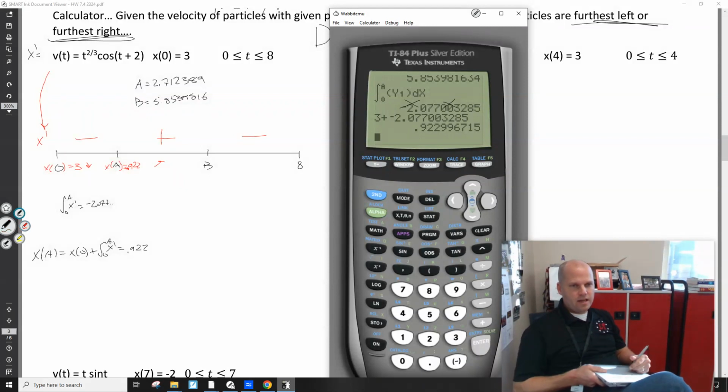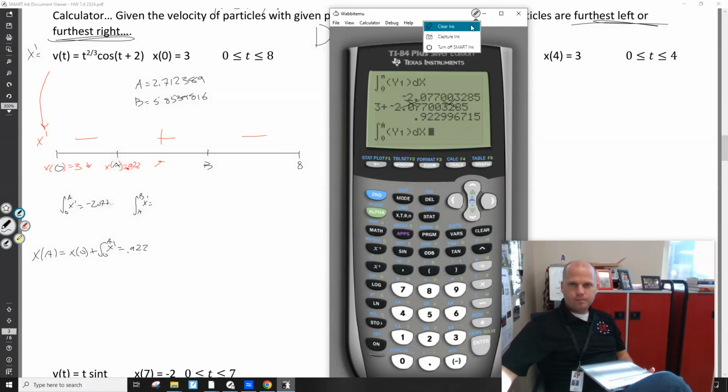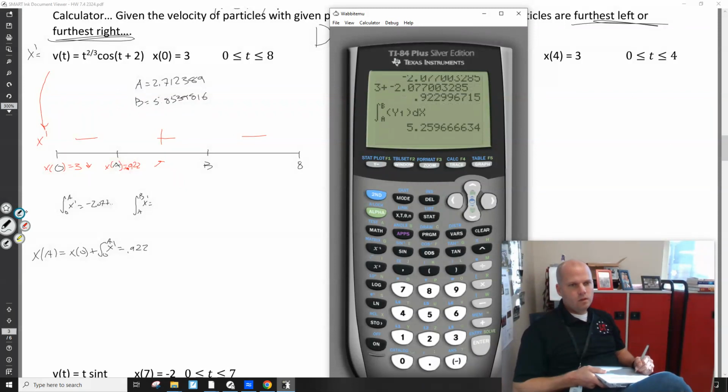Now let's go ahead and go from A to B. Pull up your integral. Change it from A to B. 5.259. The number should make sense.